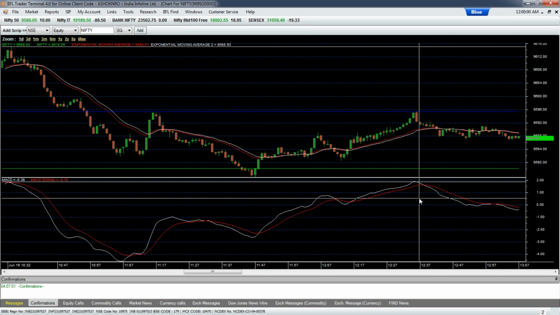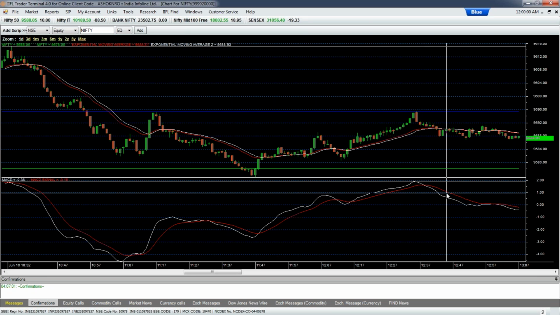So if the trend is changing, what happens? The market will slow down, probably not the same day. It may take a day or two to slow down as well.